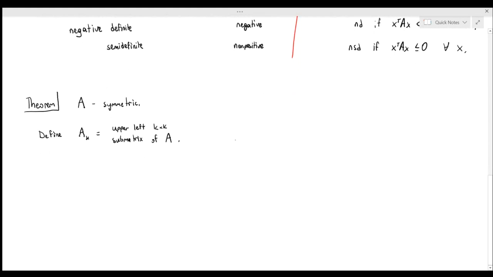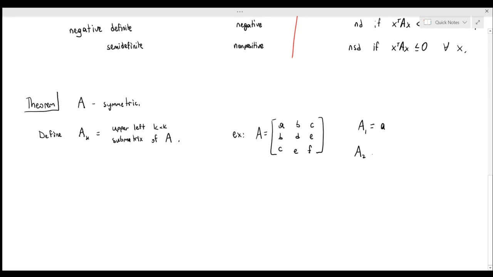So as an example of that, let's say I create a 3 by 3 matrix to illustrate. Then A1 would be the upper left 1 by 1 matrix, so it would just be the upper left corner entry.